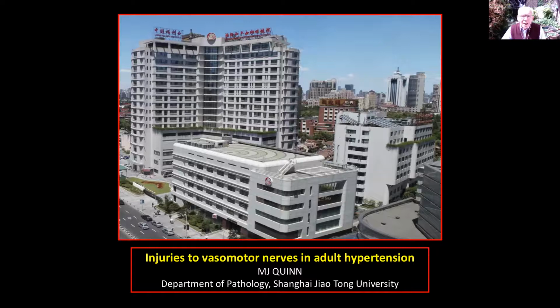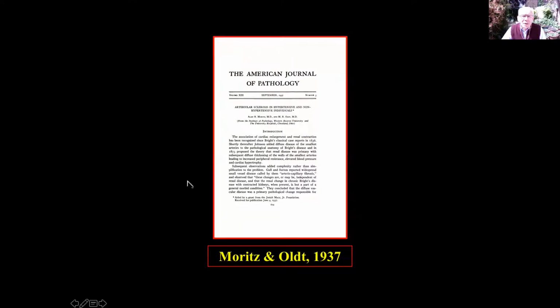Now, the key to this talk is this paper from 1937, which is entitled Arteriolar Sclerosis in Hypertensive and Non-Hypertensive Individuals by Moritz and Mary Oldt at Case Western Reserve University in Cleveland, Ohio.